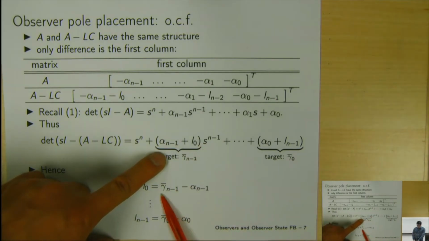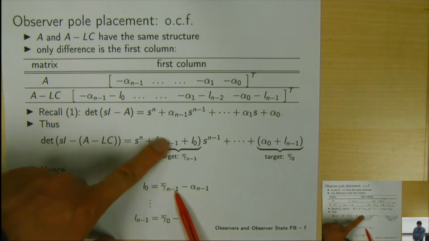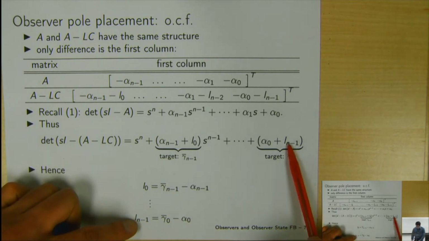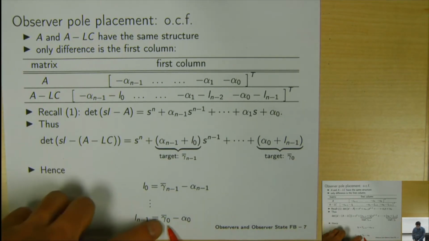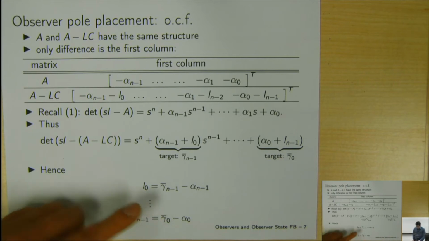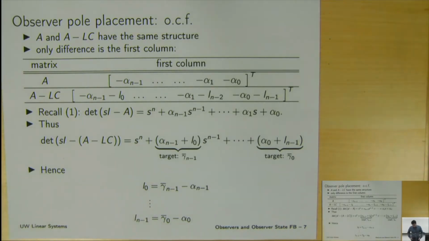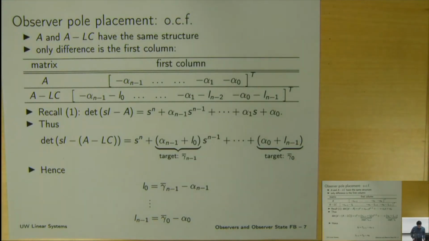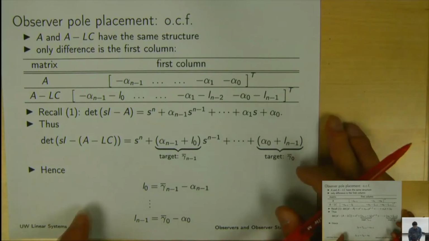L0 should be gamma n minus 1 minus alpha n minus 1, and Ln minus 1 should be gamma 0 minus alpha 0. All right? So that is the benefit, the powerful result we can get if we want to do observer design when the system is in observable canonical form.